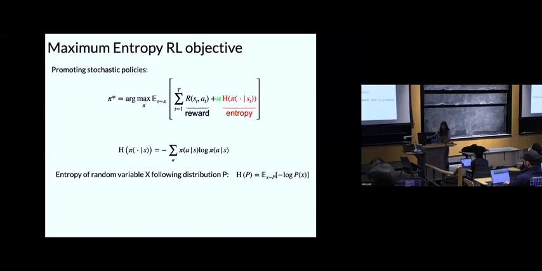Now, just to remind you, what is the entropy of a random variable that follows a particular distribution? It is the expectation, under x sampled from that distribution, of minus log p(x). And minus log p(x) is essentially the information of a particular event x that has probability p(x).